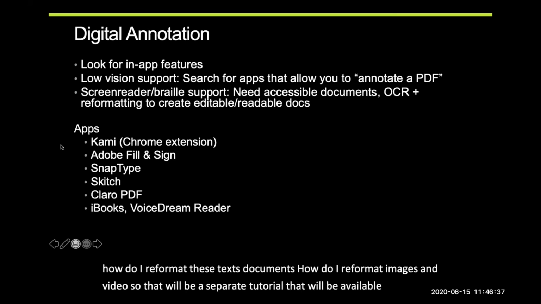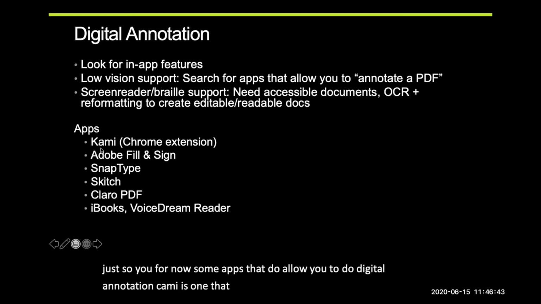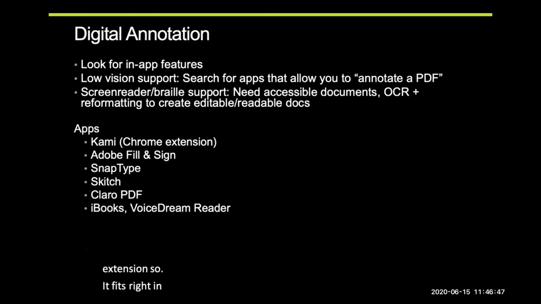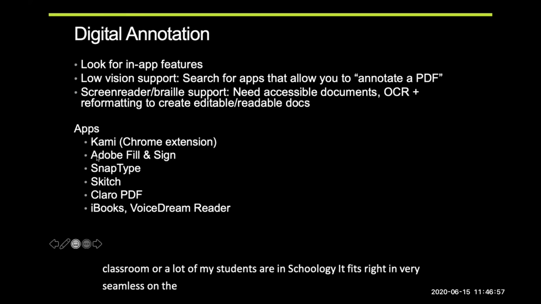But just so you know for now, here are some apps that allow you to do digital annotation. Kami is one that I started using a lot this year. It's a Chrome extension, so it fits right in, especially if you've got a student on Google Classroom, or a lot of my students are on Schoology. It fits right in, very seamless. On mobile devices, there's Adobe Fill and Sign, SnapType, Sketch, and Claro PDF.